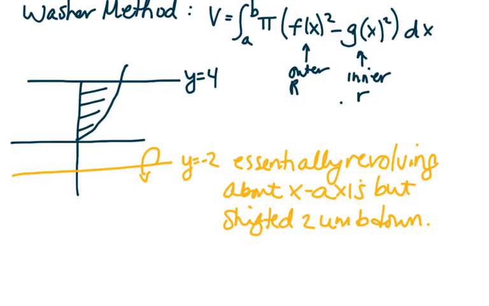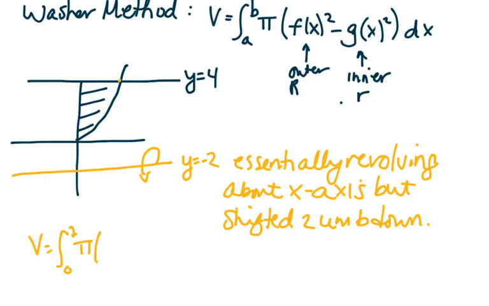So let's return to the volume using the washer method. We're going to integrate from x equals 0 to x equals 2, and the formula needs the outer R and the inner r.